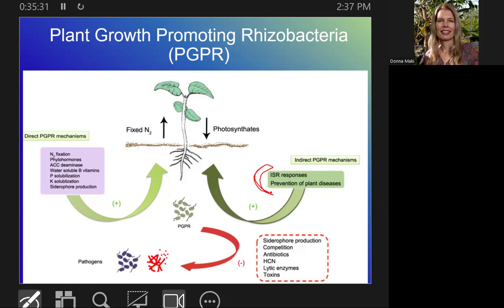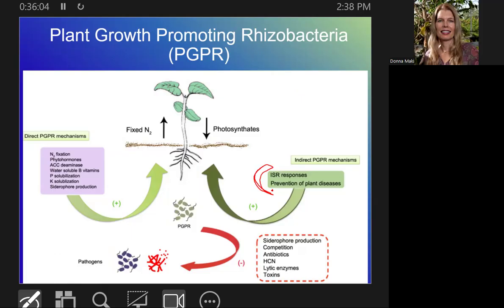And that can kick in the plant's induced systemic response. ISR is induced systemic resistance. And so it's pretty much like the microbes are sitting next to the plant in the soil going, hey, we got pathogens here, kick in and start defending yourself, which is pretty amazing. And so these are long-term coexisting microbial partners that are able to trigger the immune response in the plant. So that's what's going on there.